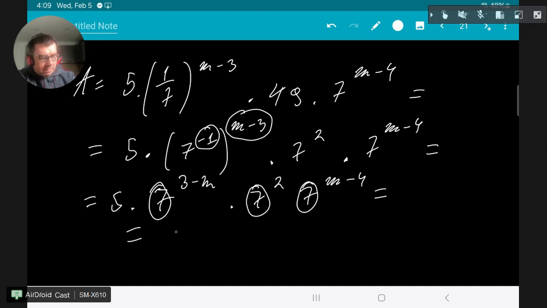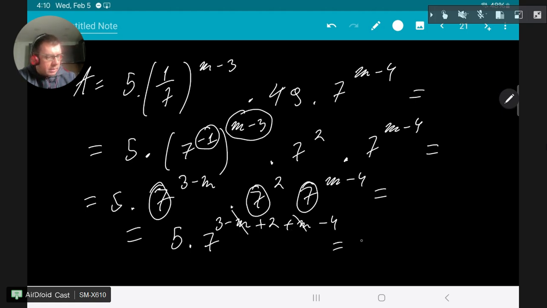So this is 5 times 7 to the power of 3 minus m plus 2 plus m minus 4. Minus m plus m will cancel. 3 plus 2 is 5, minus 4 is just 1, so this is 5 times 7, which is 35. And this is my answer for A.